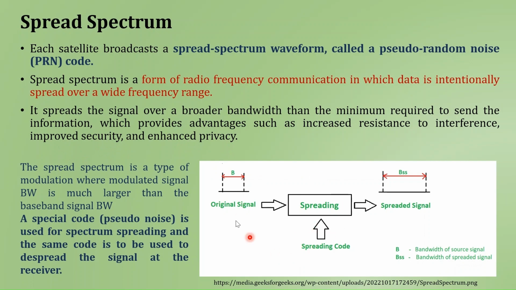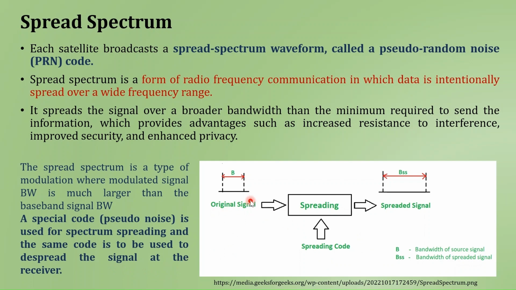It is a type of modulation where the modulated signal bandwidth is much larger than the baseband signal bandwidth. A special code referred to as pseudo noise is utilized for spreading the signal over a wider frequency range, and the same code is utilized to de-spread the signal at the receiver.